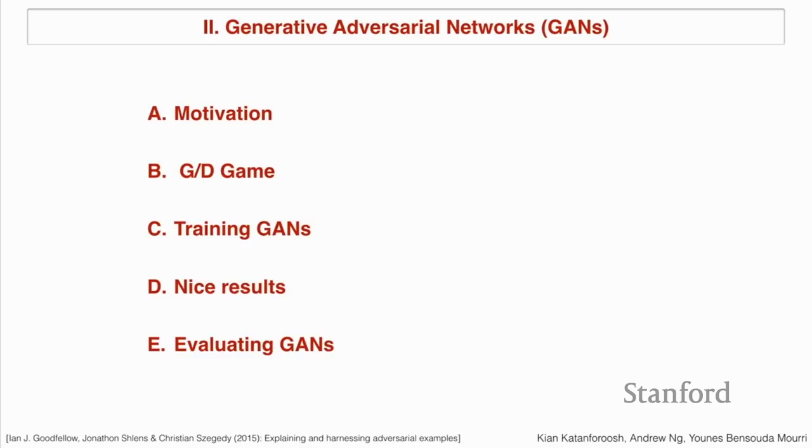We'll start by motivating it, and then we'll look at something called the minimax game between two networks, a generator and a discriminator, that are going to help each other improve. And finally, we'll see that GANs are hard to train. We'll see some tips to train them, and finally go over some nice results and methods to evaluate GANs. Okay?